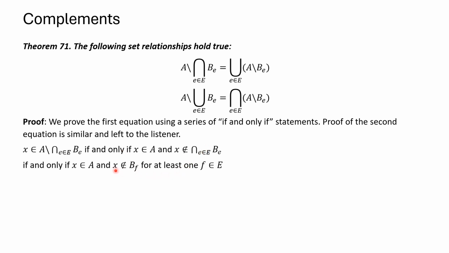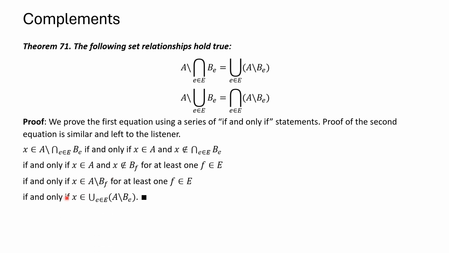So that's why I wrote this here: X is not an element of B sub F, for at least one F in our indexing set E. And that's true if and only if X is an element of A minus B sub F. That's just writing this in more formal language. So this means X is an element of this here.